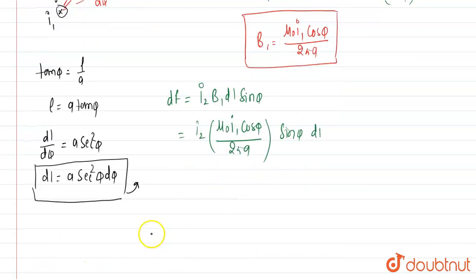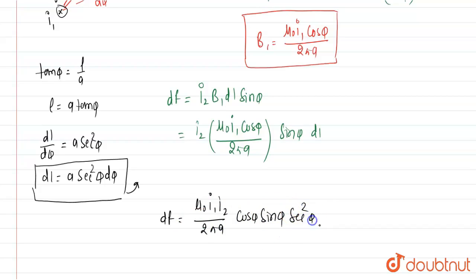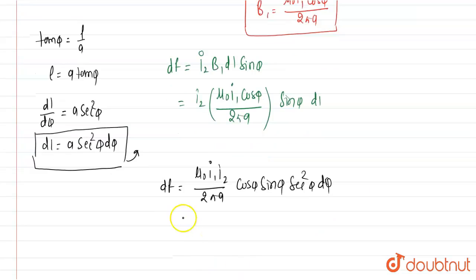So we get dF equal to mu naught I1 I2 upon 2 pi a, cos phi sin phi into sec square phi d phi. So dF will be equal to mu naught I1 I2 upon 2 pi a, and cos phi will be removed from that relation. We get sin phi upon cos phi, that is tan phi, into d phi.